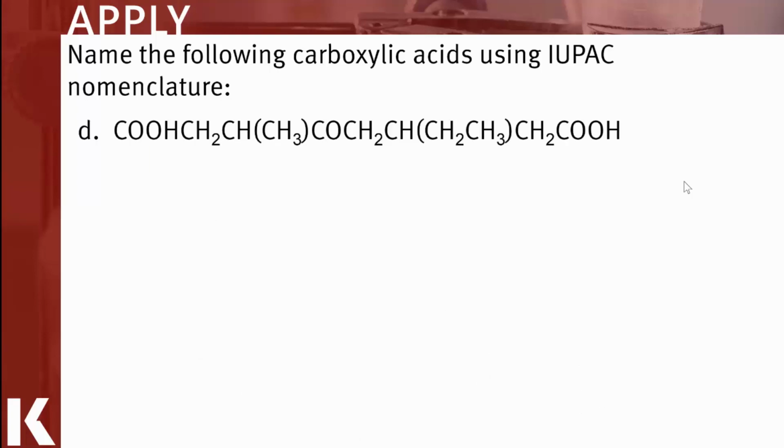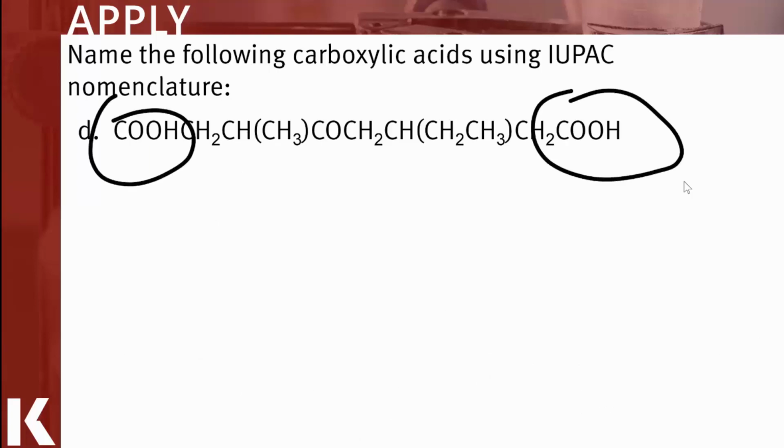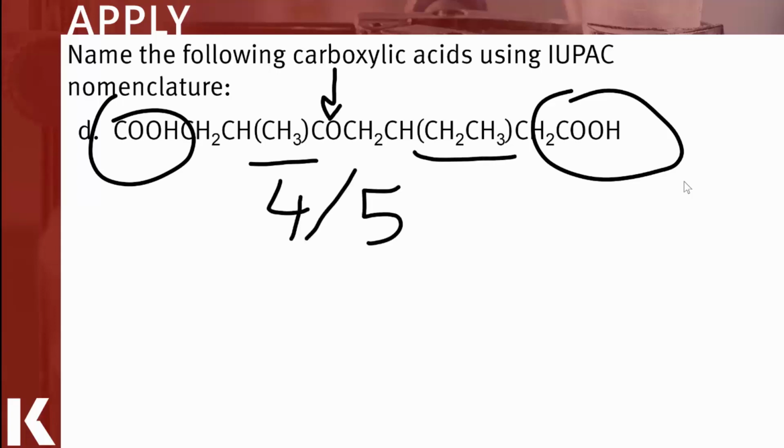Here's one final example. In this case, we have carboxylic acids on both ends of the molecule, so this will be a dioic acid. Also, we have a methyl group and an ethyl group, and we have a ketone in the middle there. We'll have to be careful about how we number this. If we start numbering from the left, that ketone will be 4-oxo.